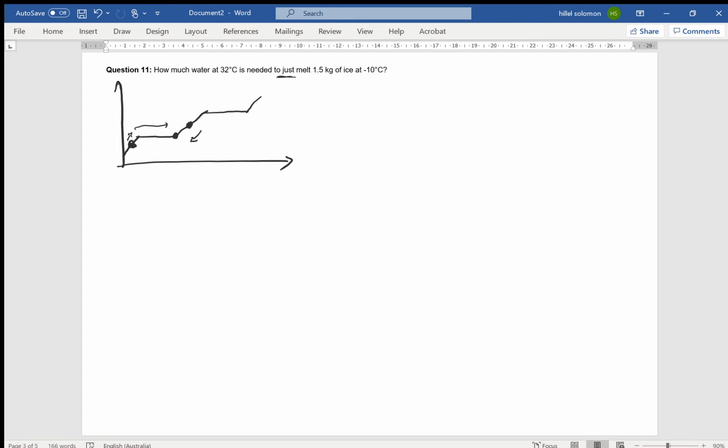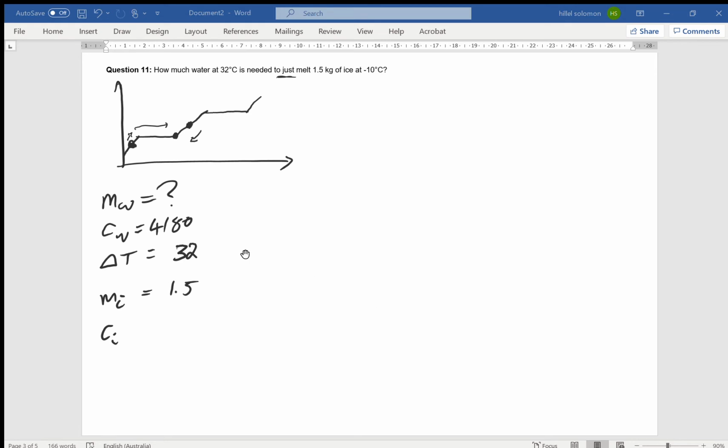So we've got the mass of water is what we don't know. The specific heat capacity of that water is 4180. And the change in temperature of that water is from 32 down to 0. So that's a change of 32. We also know that we have a mass of ice of 1.5 kilograms. We know the specific heat capacity of ice. We can look that up on our formula sheet if we don't know it.